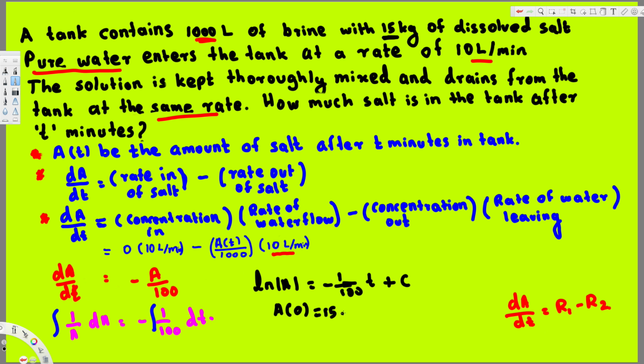This is helpful because we know the time is 0, and if you plug that in here, that's going to be 0, and here we are going to have C = ln 15. So if you know this, we can find the particular solution, right? Now let's go ahead and do that.